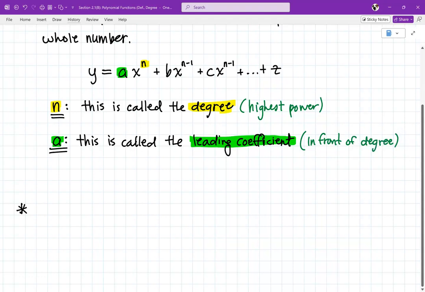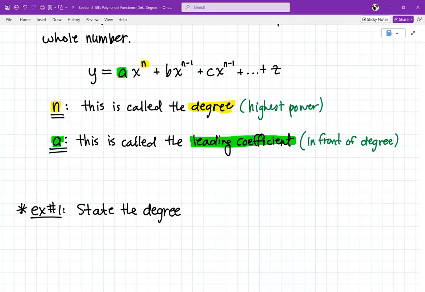So this is going to be example number 1. State the degree. Again, this is really easy, guys. State the degree and leading coefficient of the polynomial.